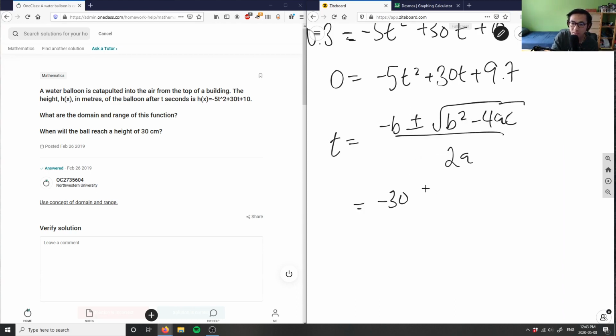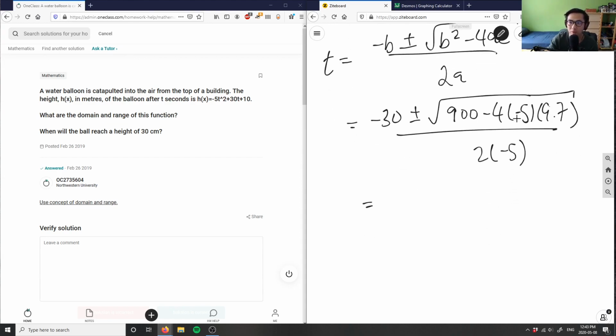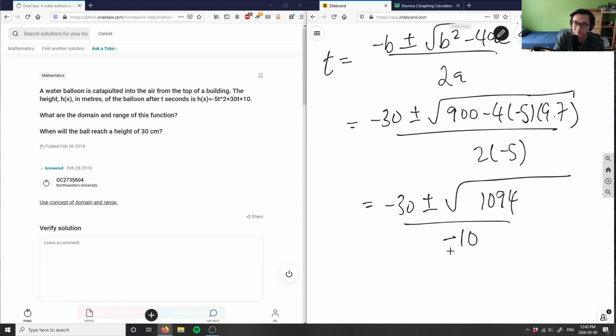Negative b here is negative 30, plus or minus the square root of b squared, which is 900, minus 4 times negative 5 times 9.7. Again, I'm speeding through this for the sake of time, but I'm pretty sure we know how to use the quadratic formula. The square root would be 900 minus 4 times negative 5 times 9.7, which gives me a value of 1094, all over 2 times negative 5, which is negative 10.